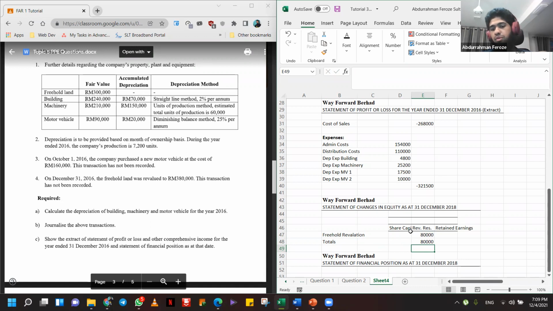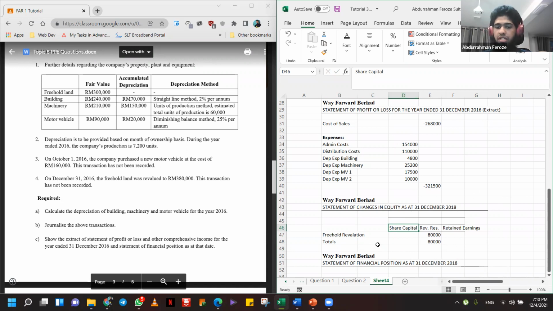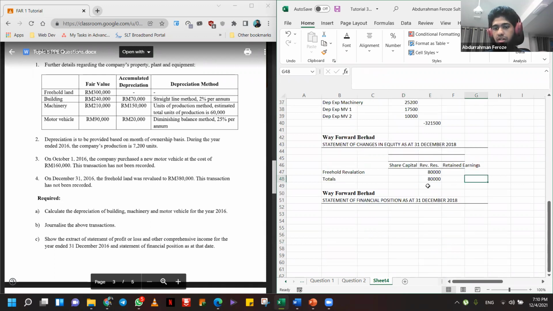There's nothing else, because we don't have information about the share capital or the retained earnings. In a full question, of course, you would have share capital, revaluation reserve, and maybe dividends. But here you don't have that. If you want to show it in the changes of equity, this is what you would show, and then this would be moved into the statement of financial position like we did last time. So in any case, let's do it.